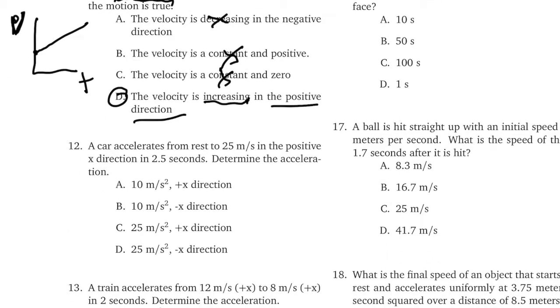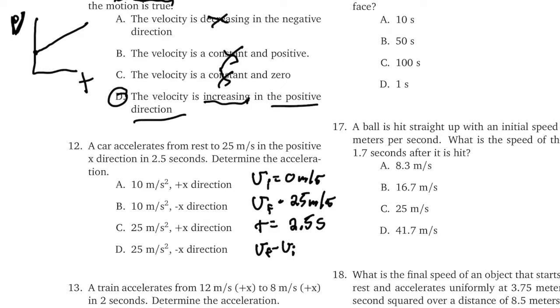All right, number 12. So a car accelerates from rest to 25 meters per second in the positive x direction in 2.5 seconds. So V initial is 0 meters per second. V final is 25 meters per second. And T is 2.5 seconds. So if I find the change in V, I would do V final minus V initial.